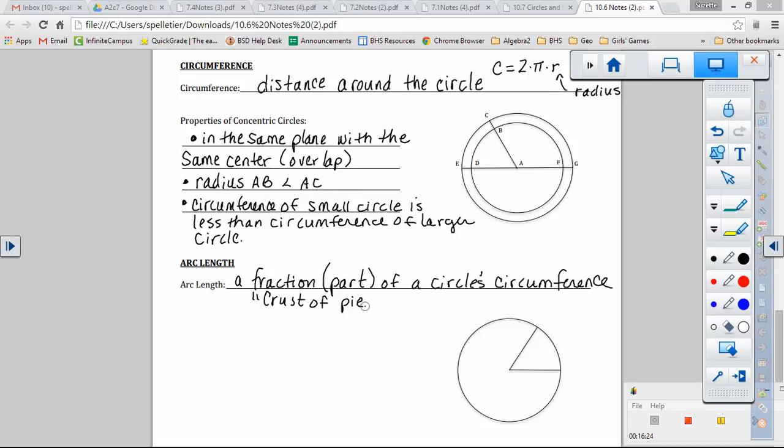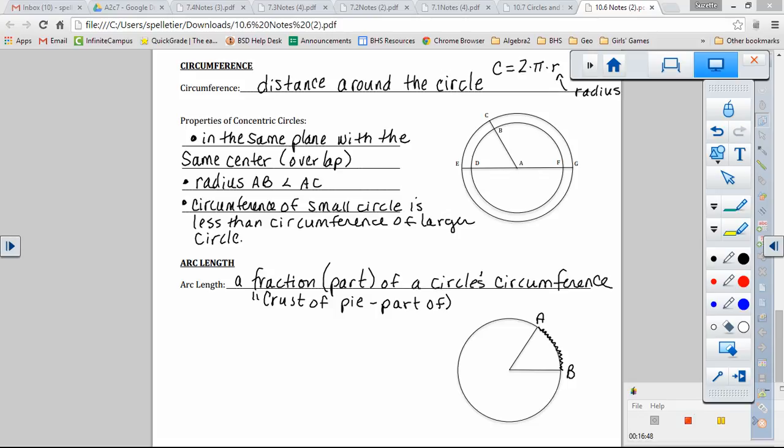I just want a piece, a part of that. So this length of this segment from one spot to the next, if I were to lay a string flat from one point to the other, what would the distance of that part be? We call this AB.